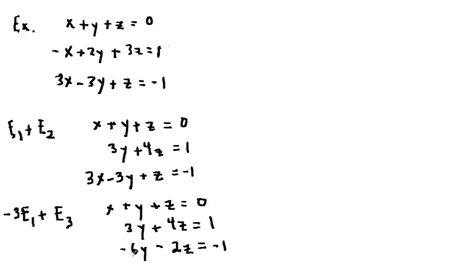Let's try to cancel the y term. We want the coefficient 3 here to be 6, so that when we add it to the minus 6y, they'll cancel out. So let's multiply the second equation by 2. So 2 times the second equation, add that to the third equation. Let's rewrite the first equation.